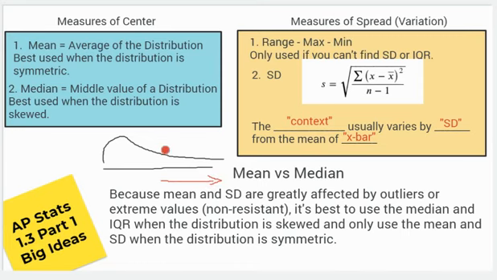The mean is going to be closer to the tail than the median will be. The median will be closer to the center of the distribution. In fact, it will be the center of the distribution. But the mean gets pulled towards that tail.